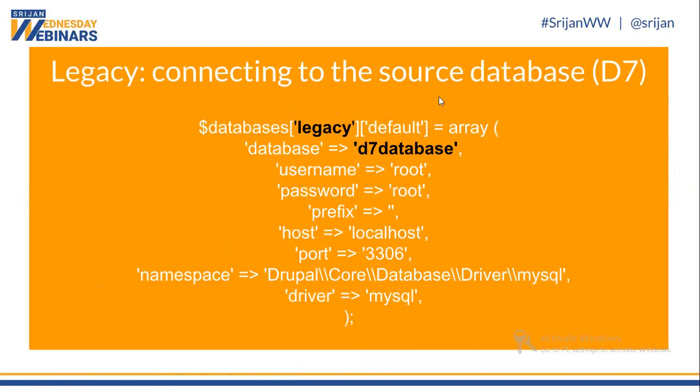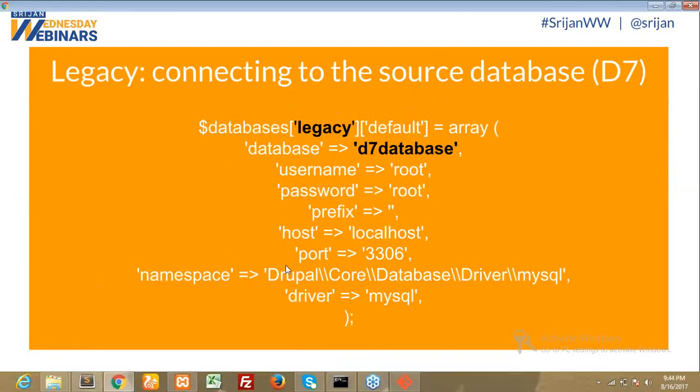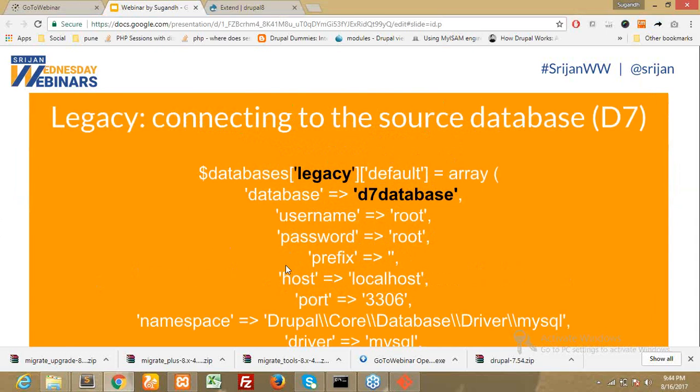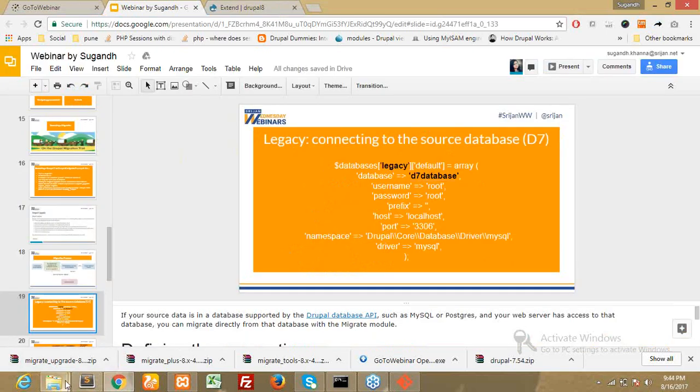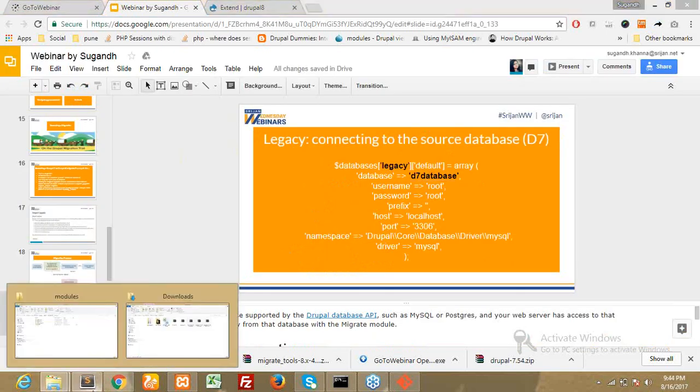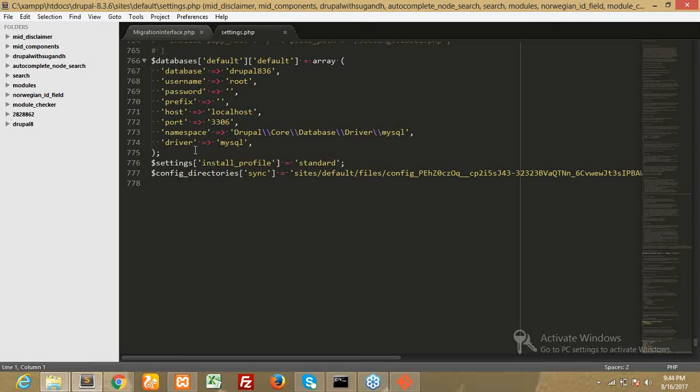So let me show you where we have to write this whole code. So here in the settings.php file, this is a connection for your Drupal 8 site, and there is one database that should be there in your local setup.